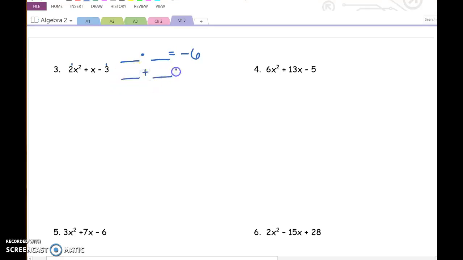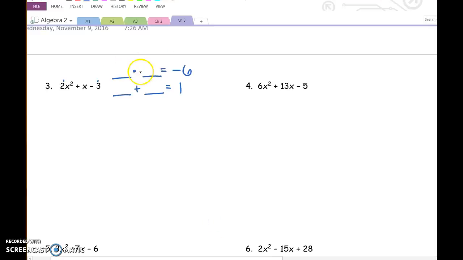And we're adding to get what number? What's our middle number? A 1. Multiply to get negative 6 and add up to 1. What numbers would those be? How about negative 2 and 3?